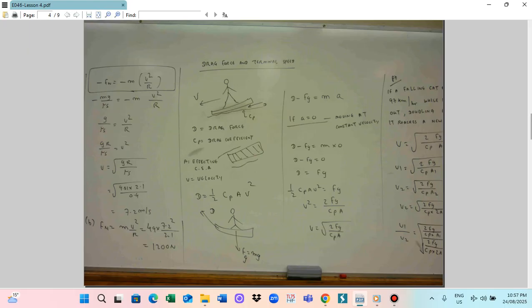T is the trap force. So in this case, between the scale and the surface, there is the friction coefficient. So this is for the friction coefficient, the trap coefficient.